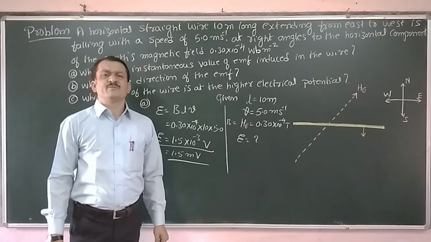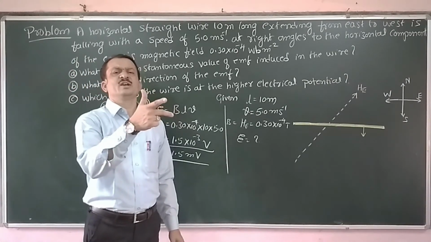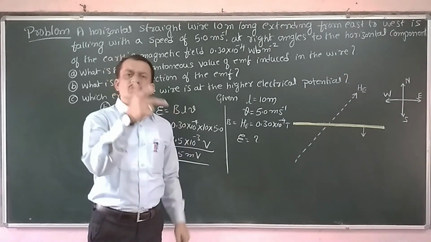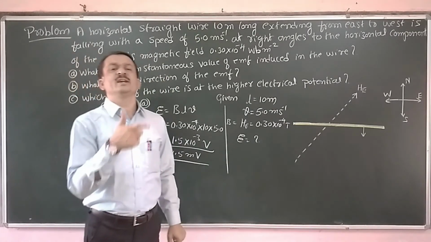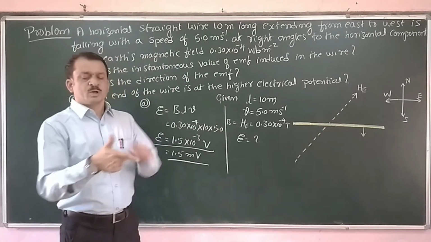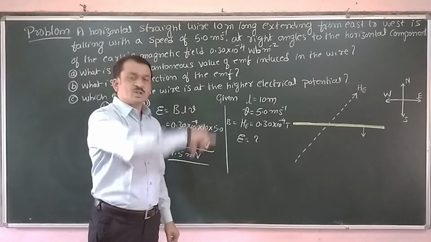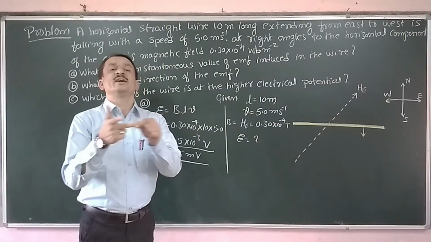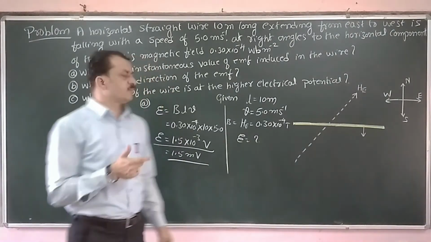According to Fleming's right hand rule, if you stretch the first three fingers of the right hand, thumb, forefinger and middle finger, held mutually perpendicular to each other, the forefinger indicates the direction of the magnetic field, the extended thumb indicates the motion of the conductor, then the middle finger indicates the direction of the current or the induced EMF.